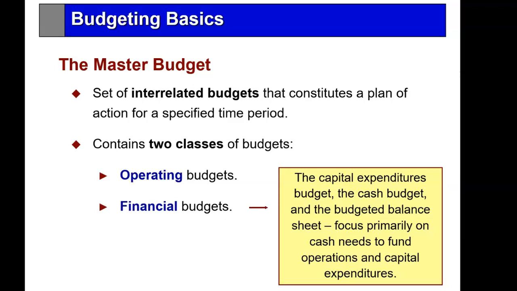Now, in addition to this, senior management has another kind of budget called a capital expenditure budget. And that budget is different. That's not what we're going to talk about. That represents plans that are 5 years down the road.